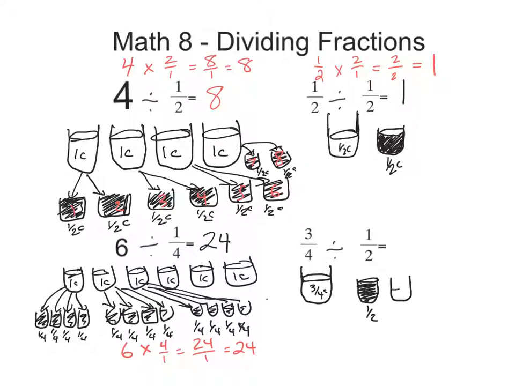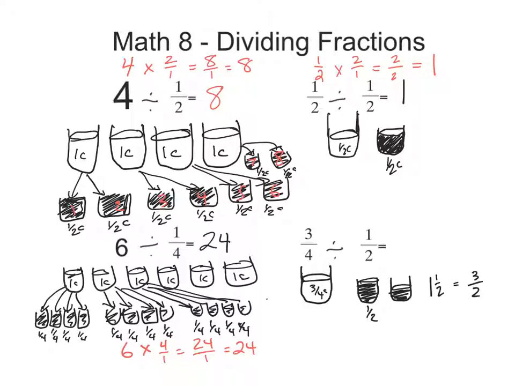And then it'd fill the next one only halfway. Okay? So you would end up with 1.5 halves, which if we wrote it as a fraction would be 3 halves.